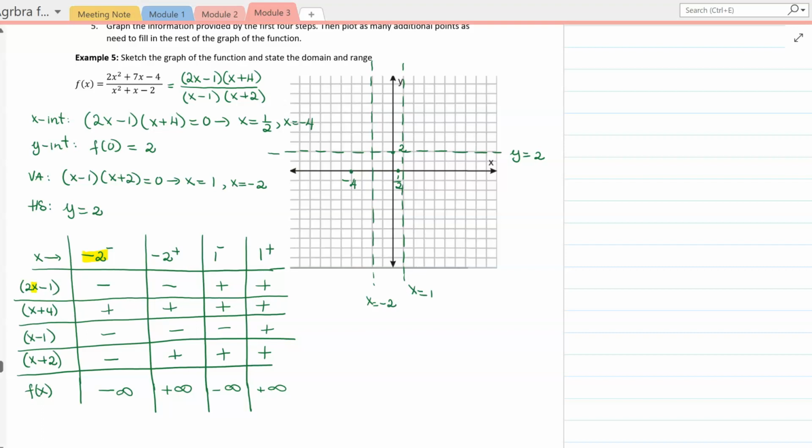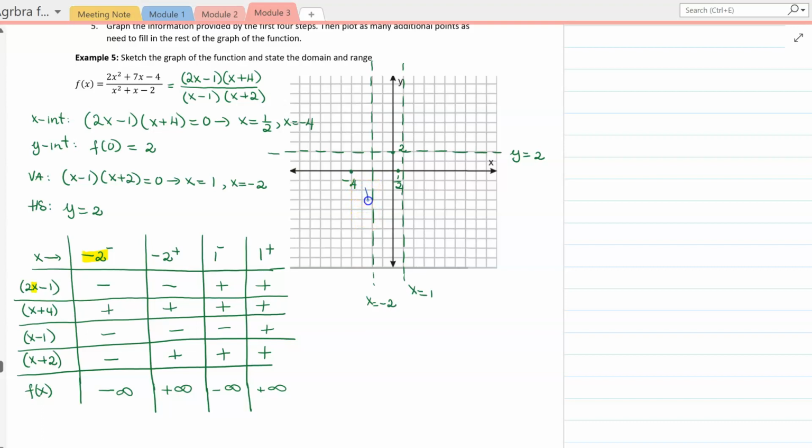Okay. Now that we know the behavior of the vertical asymptotes, we will go ahead and see if we can use this relationship to sketch the graph. So we kind of know that if it approaches negative 2 from the left, it will go to negative infinity.